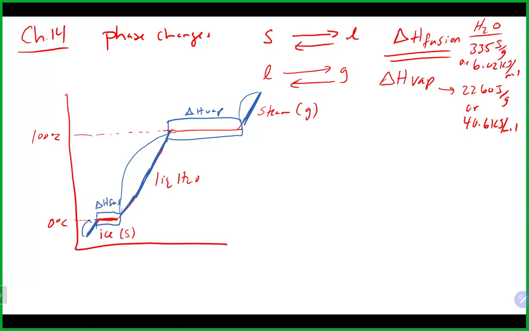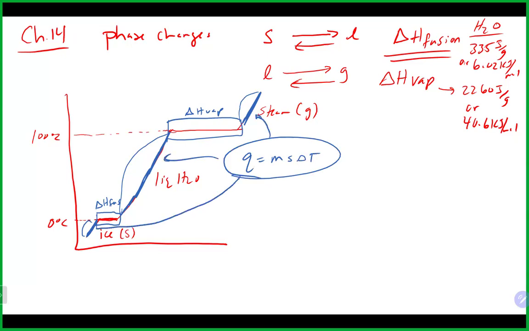Whenever you want to calculate the heat associated with something where it's in the same phase but the temperature changes, that was our old friend specific heat that we use to do that. So we would use the specific heat equation for any situation where it does remain the same phase, but we do change the temperature.